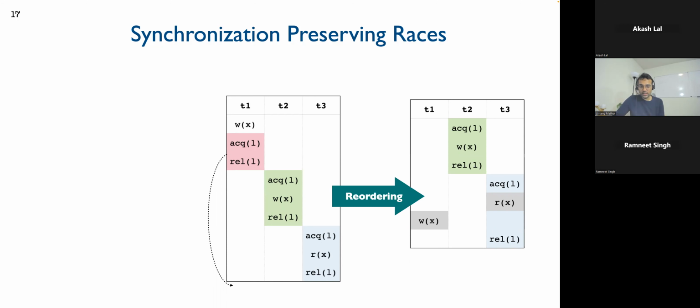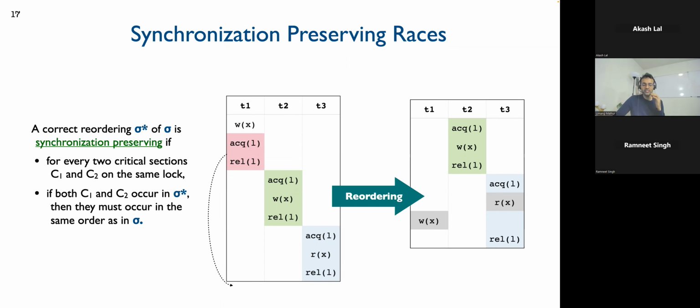So in that sense, it's a correct reordering. But it might defy your intuition in the sense of, can you even drop events? But you can. This kind of reordering is a synchronization preserving reordering. Such a reordering is one wherein whatever critical sections you have remaining, their order remains the same.